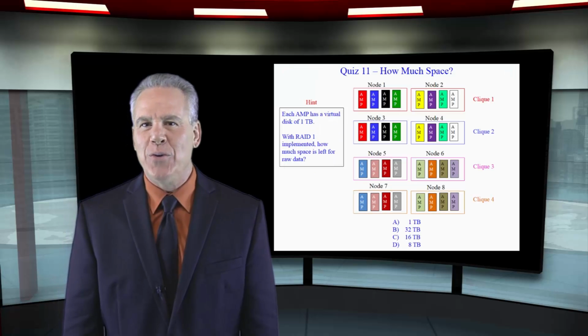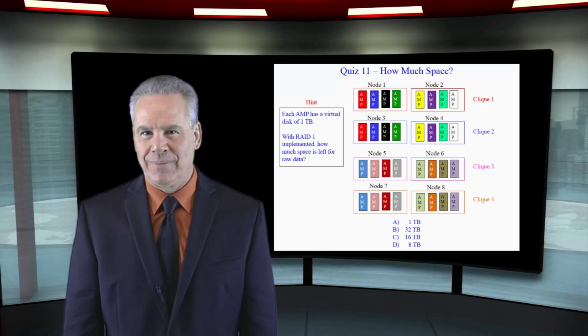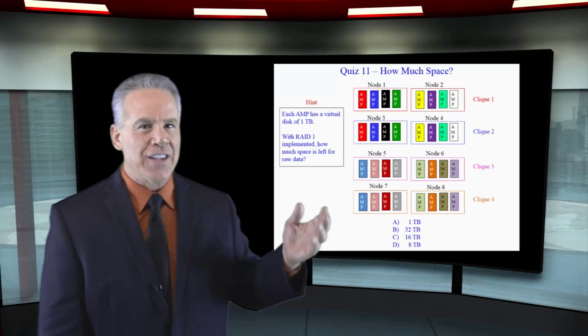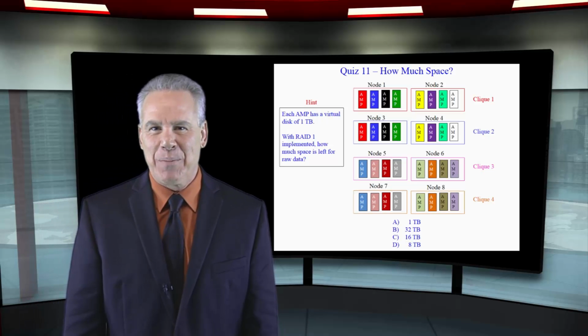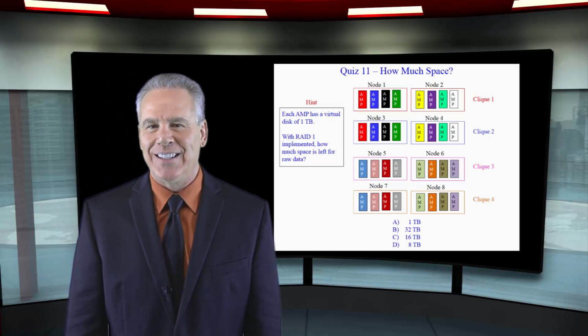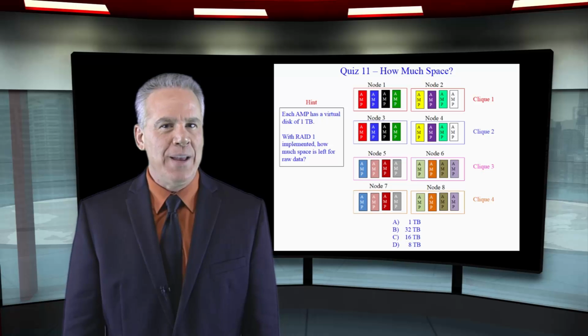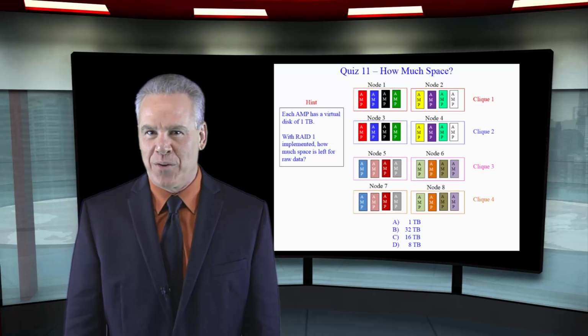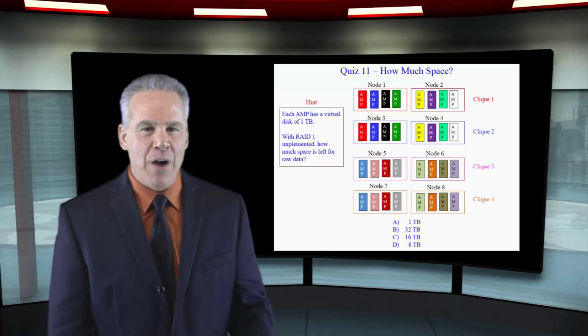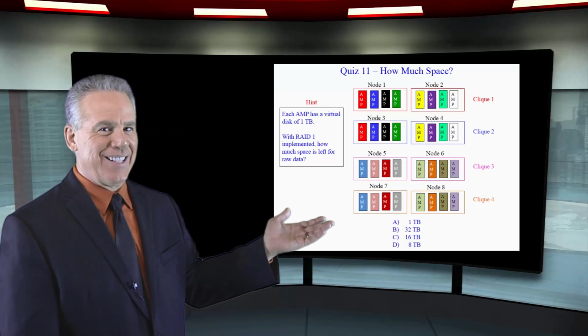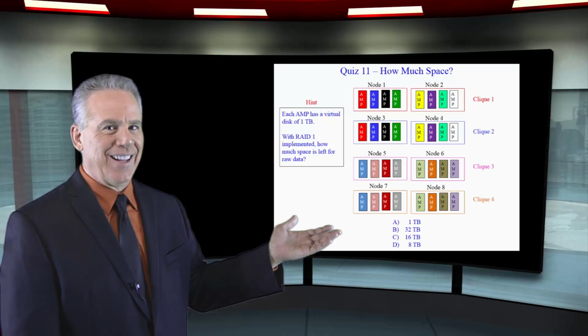We've got 32 amps in this picture. Each amp has a virtual disk that is 1 terabyte in size in this example. When we implement RAID 1 mirroring, that's automatic with every system, how much space is left in the system for raw data?